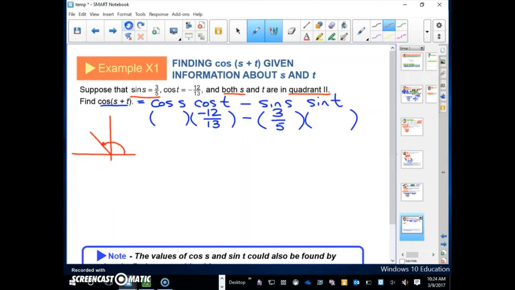You've got this angle s in quadrant 2, and we form this triangle. We did this a lot in chapter 5. They tell me that the sine ratio is 3/5, and since I know the sine ratio is y over r, I should be able to label 2 sides of my triangle.